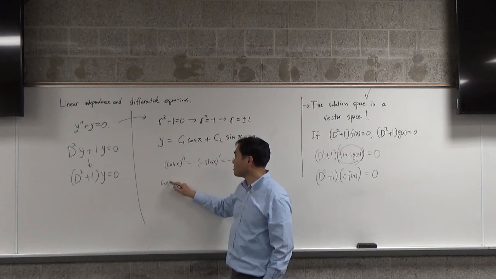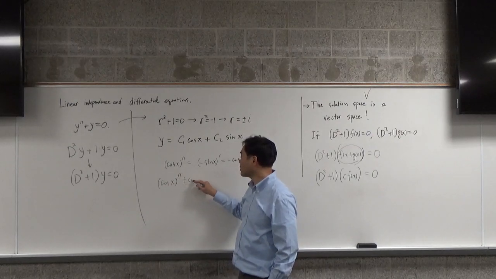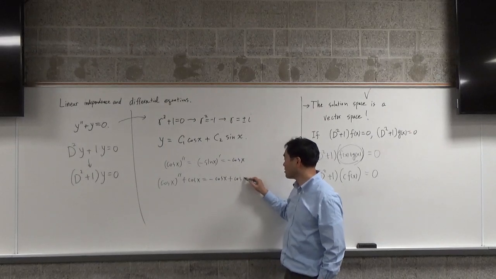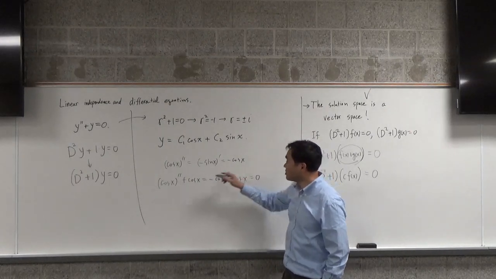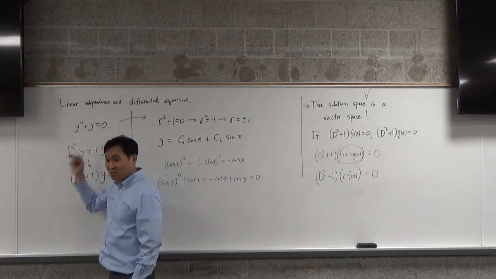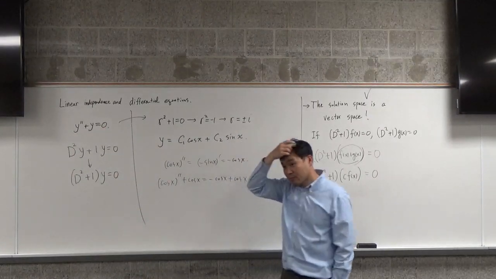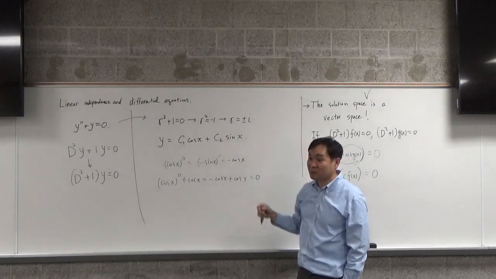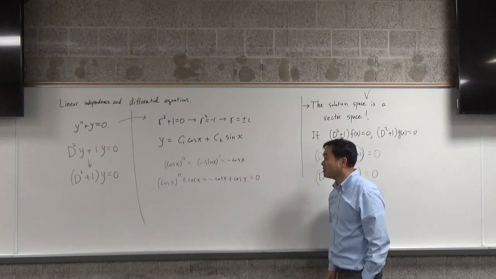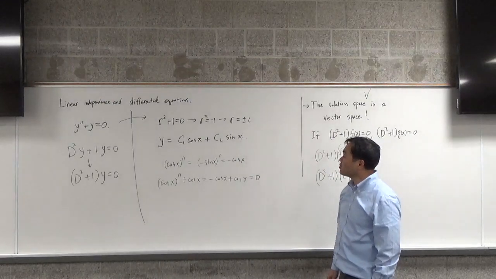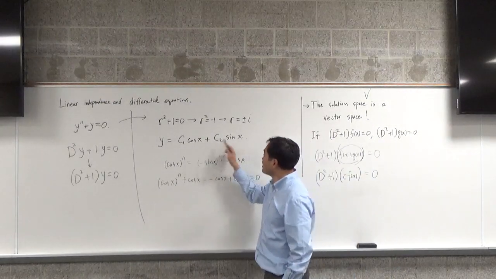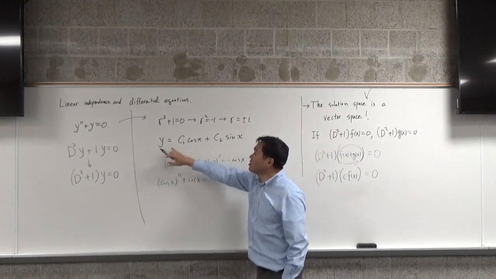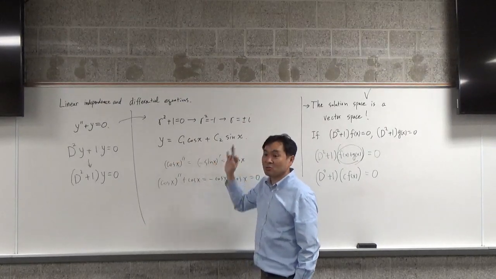So cosine x double prime plus cosine x gives you negative cosine x plus cosine x, which is 0. So when you plug in on the left side, you get 0. It's a solution. You can do the same thing for sine. If you differentiate sine twice, it's negative sine, so if you plug them in, you get 0. So these themselves belong to this vector space of solutions, and any other solution is a linear combination of these two.